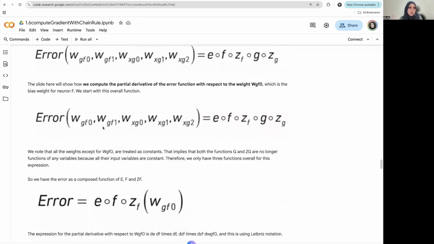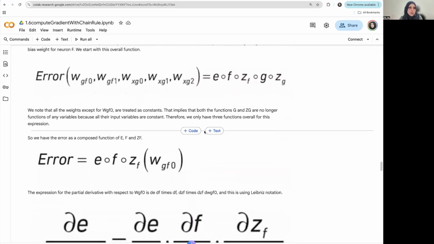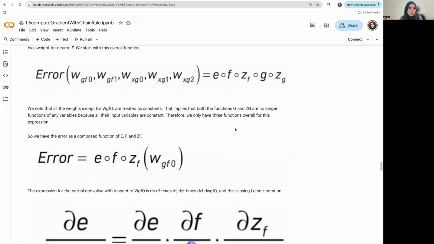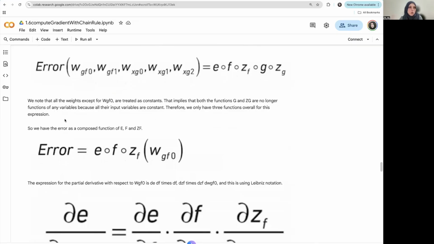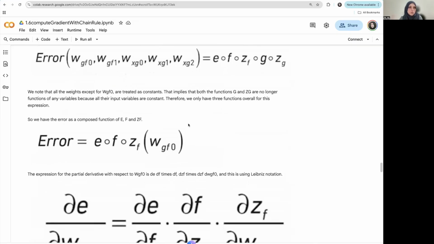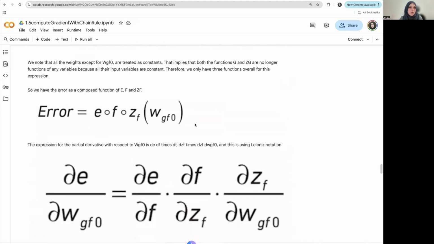We start with this overall function. We note that all the weights except for WGF0 are treated as constant. That implies that both functions g and zg are no longer functions of any variables because all their input variables are constant. Therefore, we only have 3 functions overall for this expression.